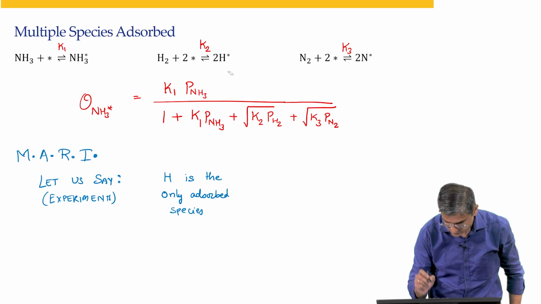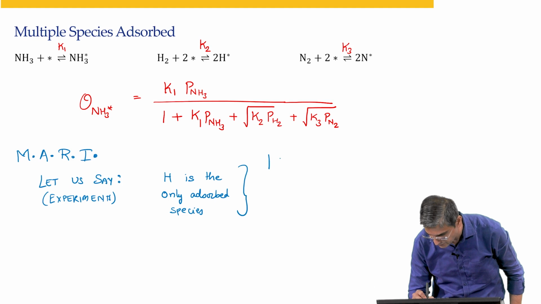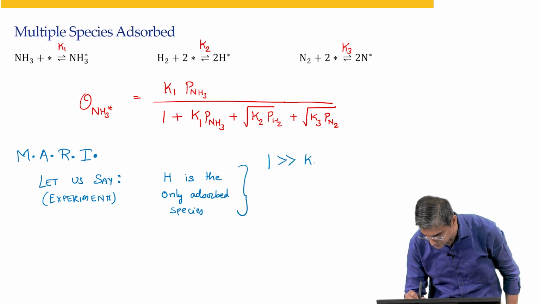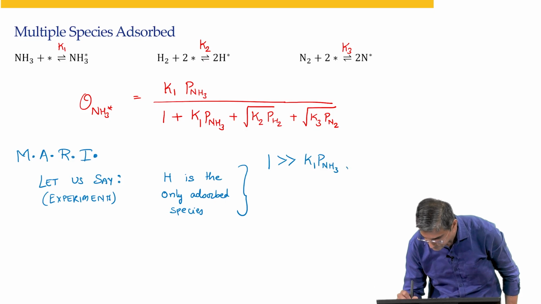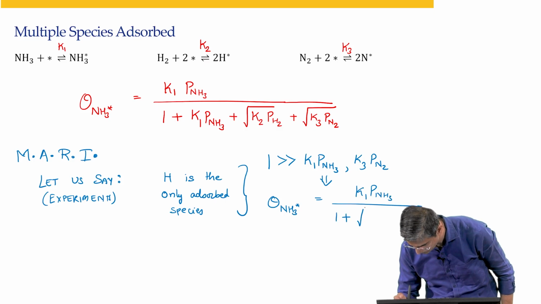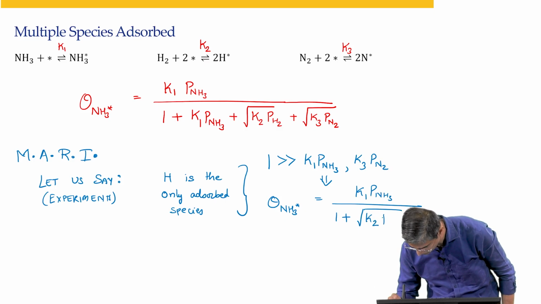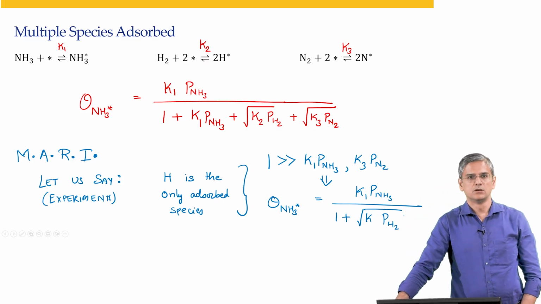So if H star is the only adsorbed species, then 1 is much greater than the other terms.